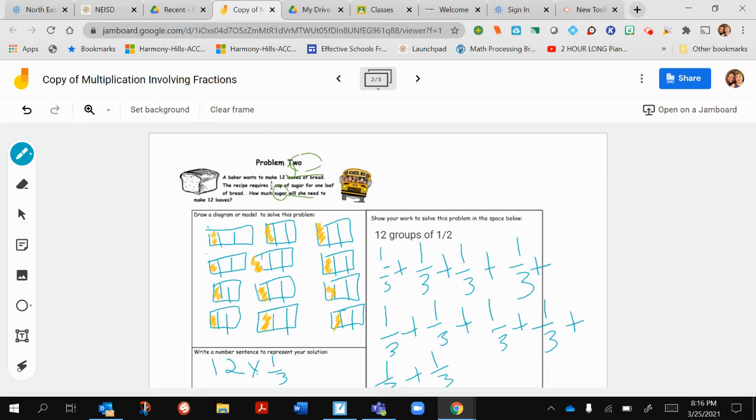So I have 4 and 4, that's 8, 9, 10, and I just need 2 more to go. Equals 12/3, right? 12/3. All right.